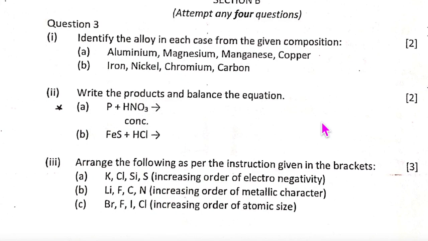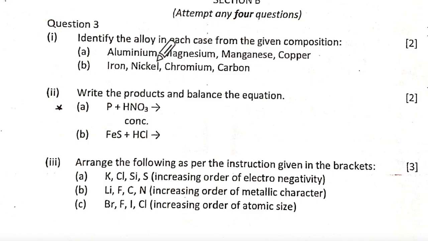Of section B, which is of 40 marks, we are going to attempt 4 questions out of the ones which are there. When we get the paper in hand, we are going to read section B first. In section B, we decide which are the choice questions and then we start attempting.